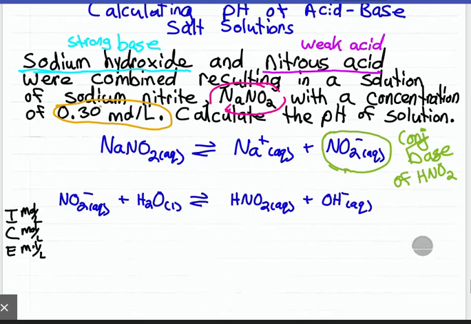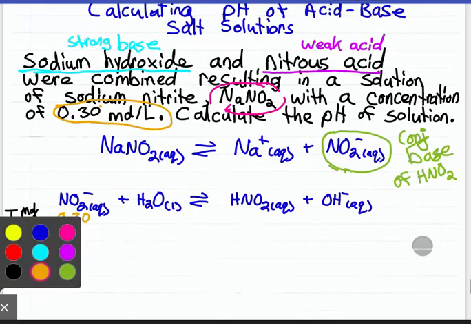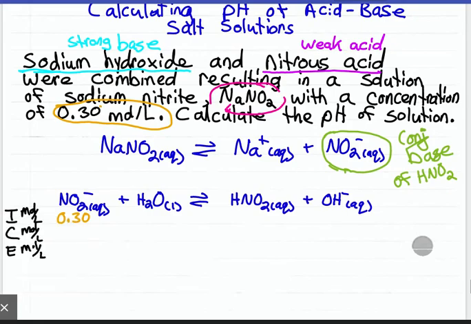So your initial concentration of your nitrite is going to be 0.30. Okay. Now you're starting with nitrite, so you know you are going to shift in a way to creating some products. So we are going to lose some nitrite. So it's going to be negative X.